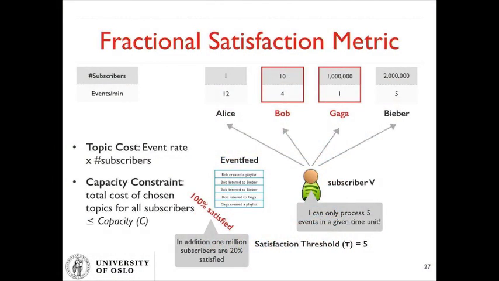And now there is a capacity constraint on the backend PubSub infrastructure. For example, in case of Spotify, they say we have these many servers and this is the capacity they can handle. The goal is to select topics in such a way that we don't violate the capacity constraint, but meet the satisfaction metric of as many users as possible.